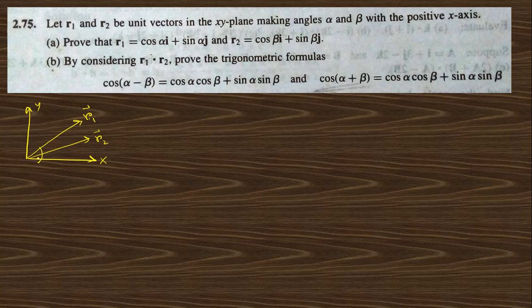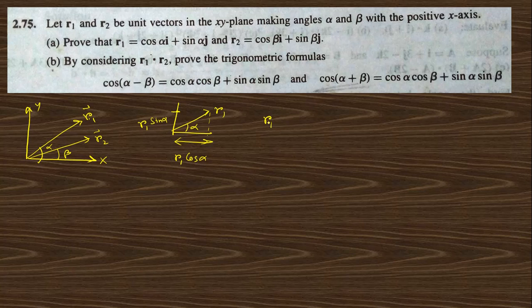So R1 is at angle alpha and R2 is at angle beta. R1 and R2 can be expressed like that: this is R1 and this is alpha, so this component is R1 cos alpha and this component is R1 sin alpha.